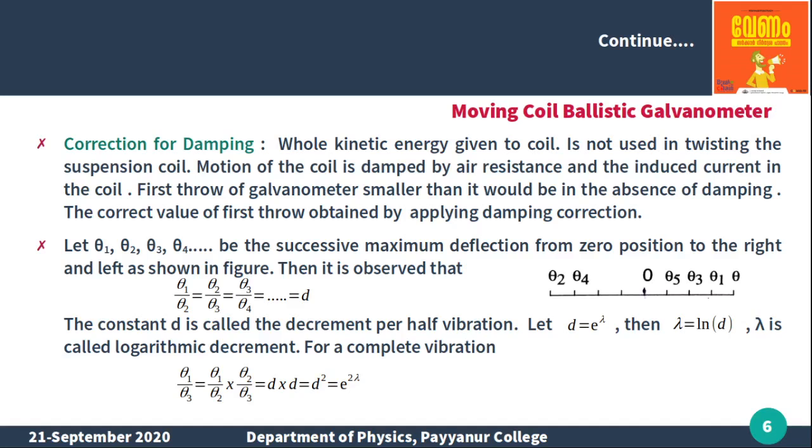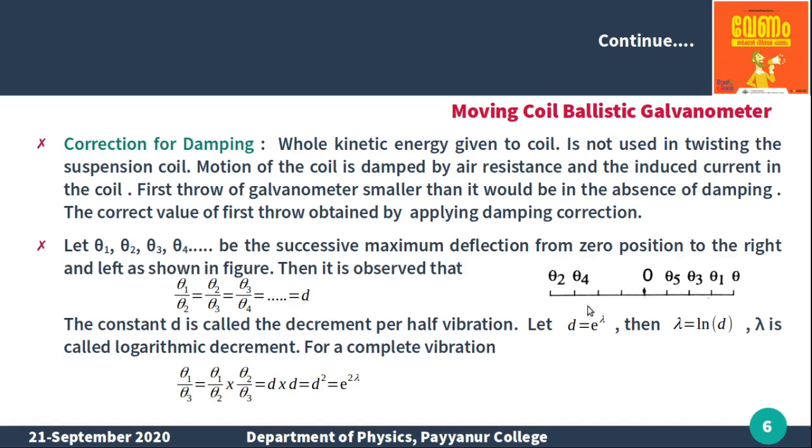Let this be θ1, then we go to θ2, θ3, θ4, θ5, which are successive maximum deflections from the zero position to the right and left. θ1 is the maximum to the right, then θ2 the maximum to the left, then θ3; these are right maximums and these are left maximums, as shown in the figure.